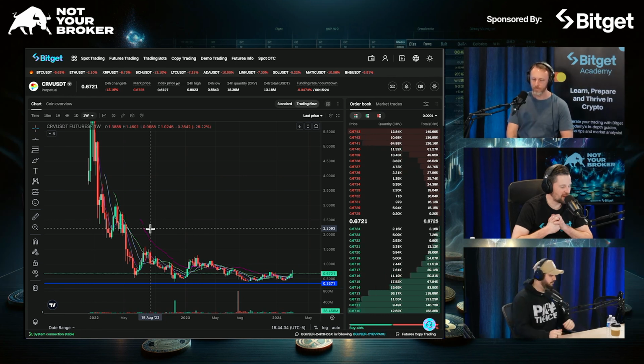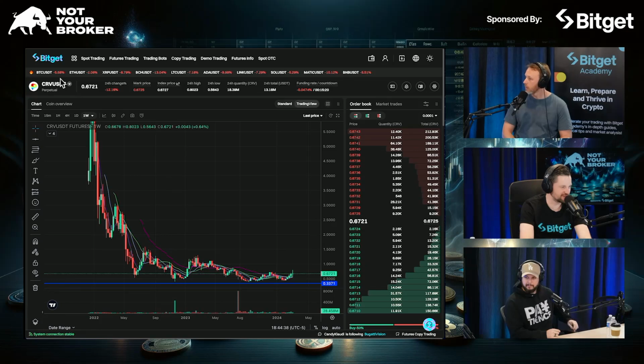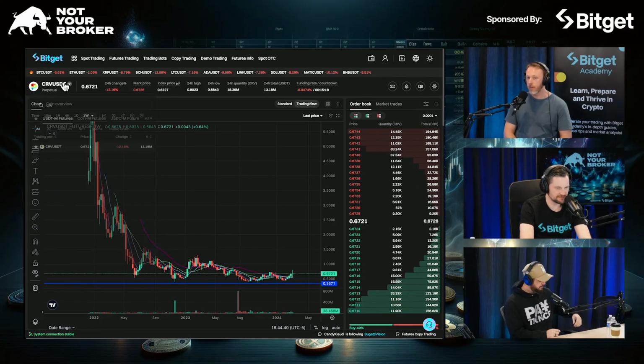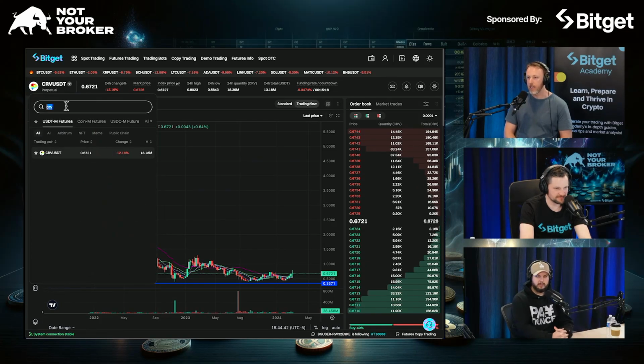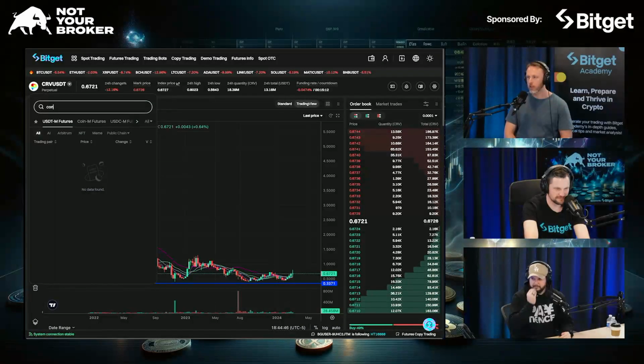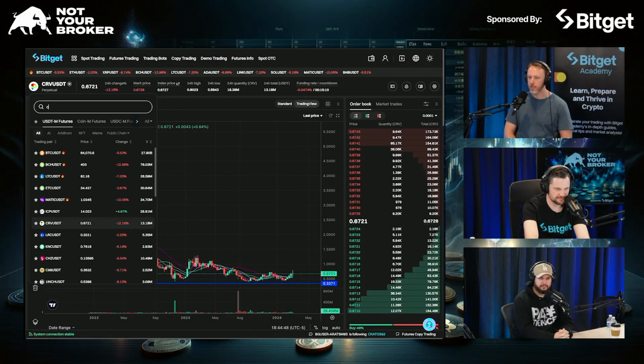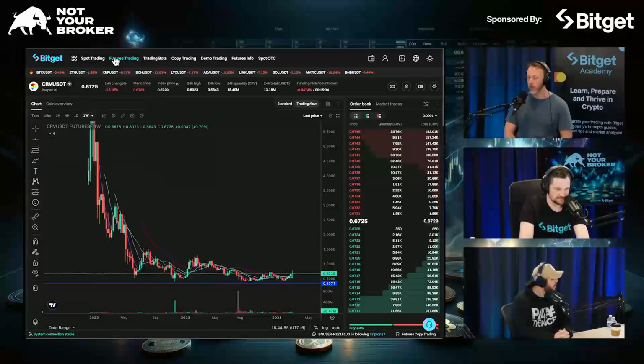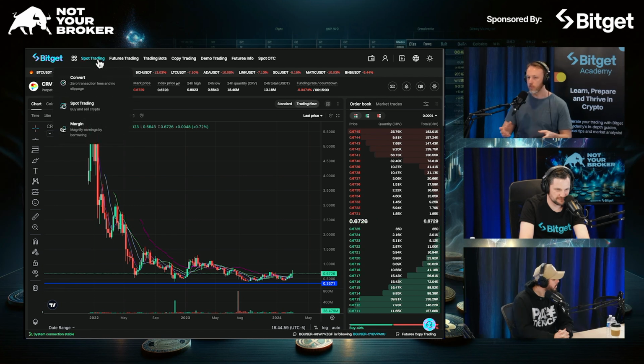So Convex, Frax. Let's chat about these two. I think of Convex as high beta Curve, because people keep throwing their Curve into Convex and it can never be taken out. It's permanently locked forever. They keep accumulating more Curve, so their ownership within Curve will stay forever high.